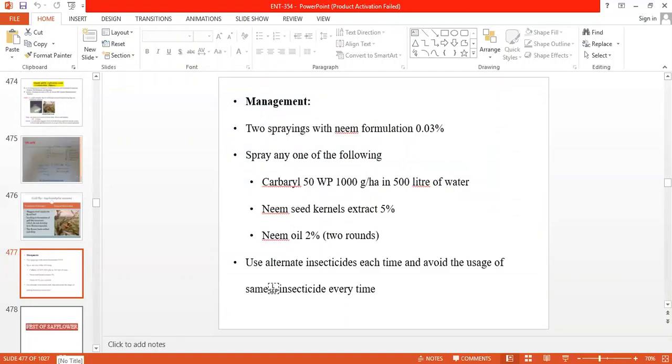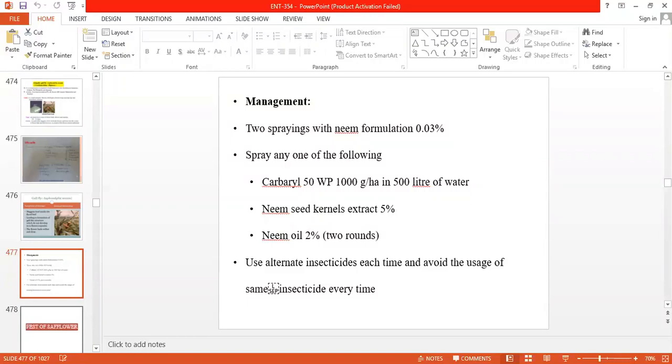Management practices for gallfly: first, removal of infected buds along with maggots. Do not allow plants to grow in the off season, because off-season plants carry the pest into the main season of the crop. Grow resistant variety N-166-5.